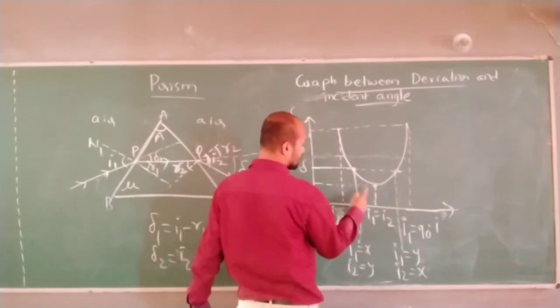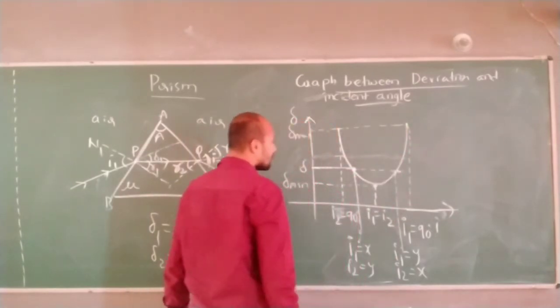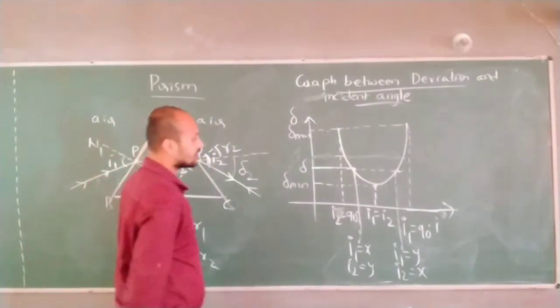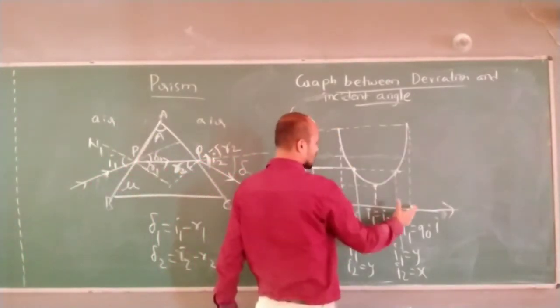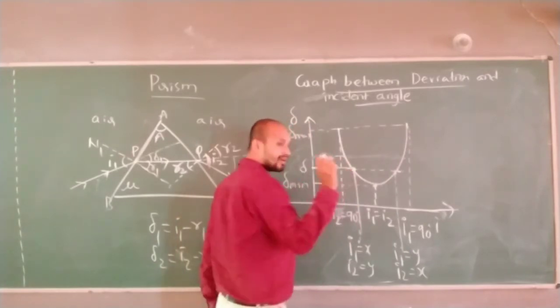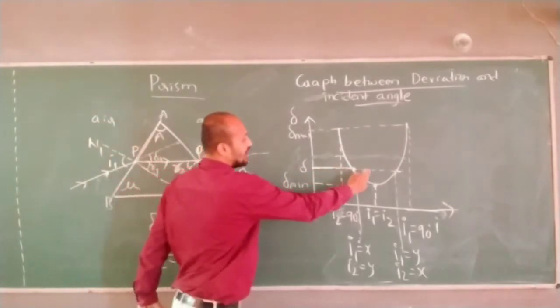First deviation is going to reduce, then deviation is going to increase. But if you reverse the light, the opposite of this happens. That means for every value of one deviation, you get two values of angle of incidence.